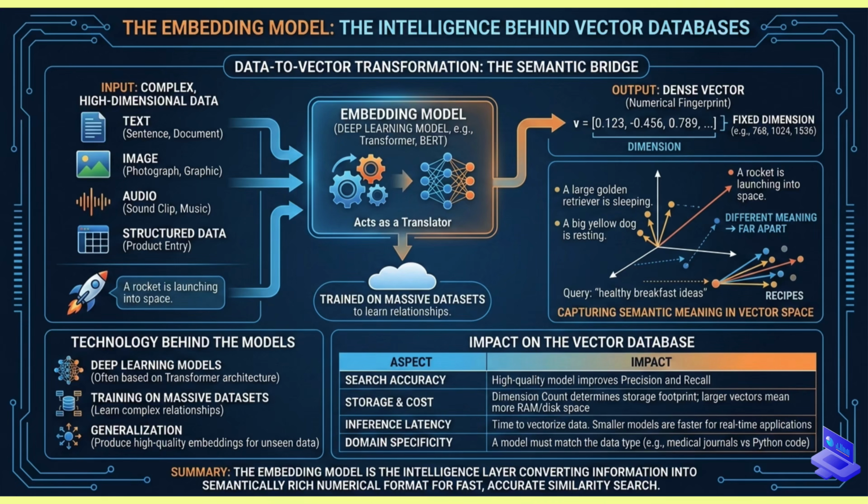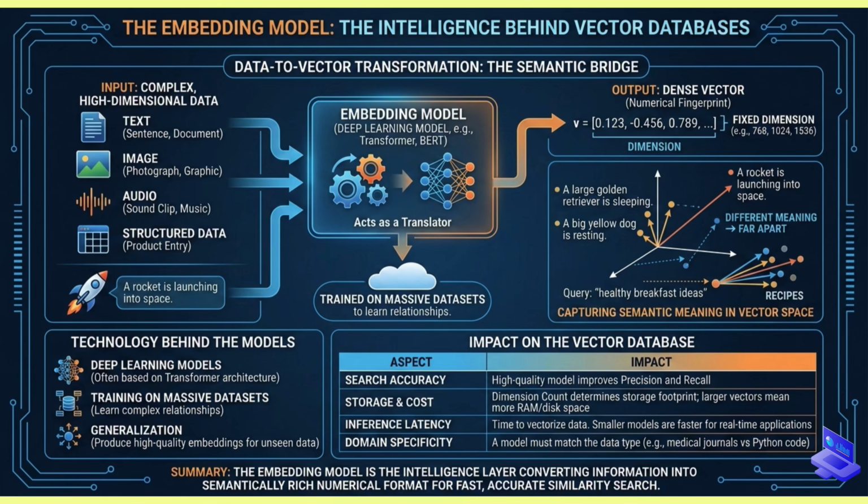The dimension count determines the storage footprint. Larger vectors require more RAM and disk space, increasing infrastructure costs. Third, we have inference latency, the time it takes to vectorize data. For real-time applications, a smaller, faster model like a bi-encoder is often preferred over a massive, slow one.